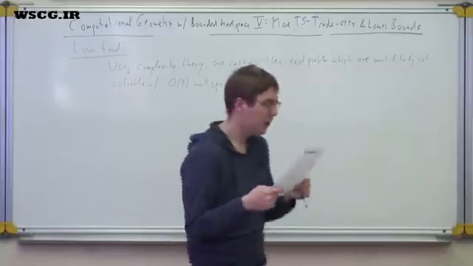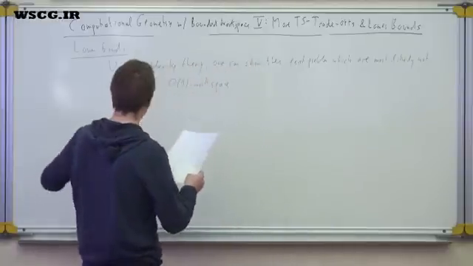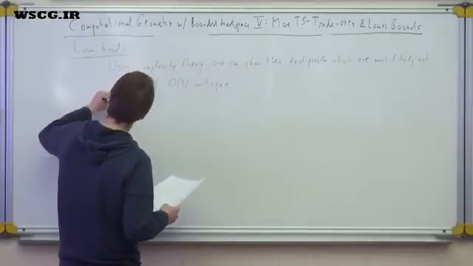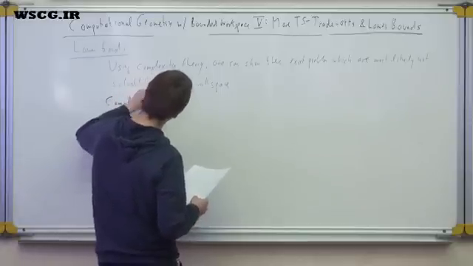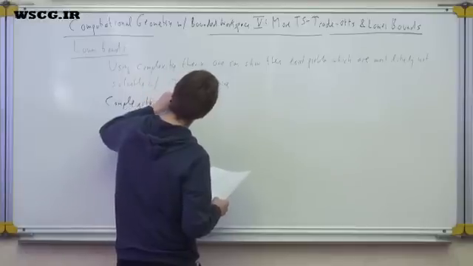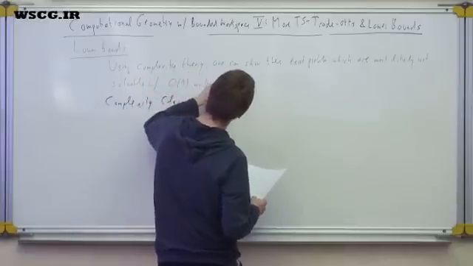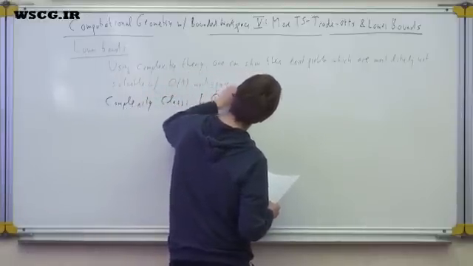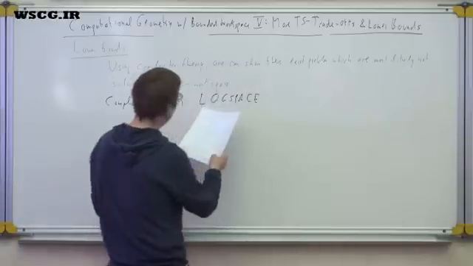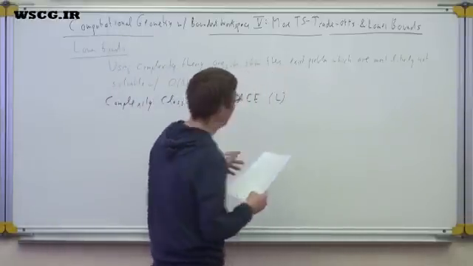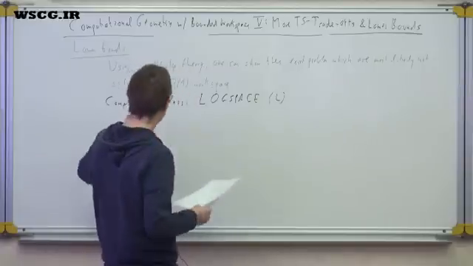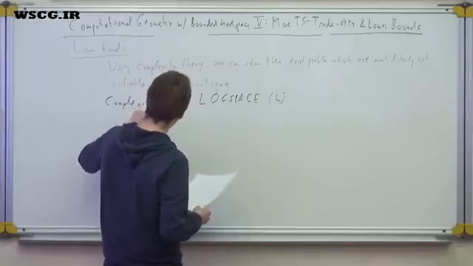The complexity class which is relevant for us is called log space, which is an abbreviation for logarithmic space. Sometimes you just write L because log space is pretty long.